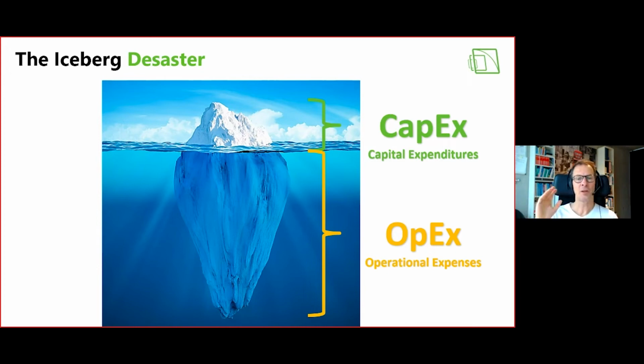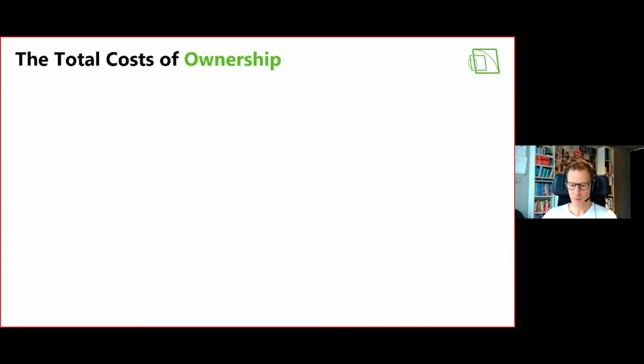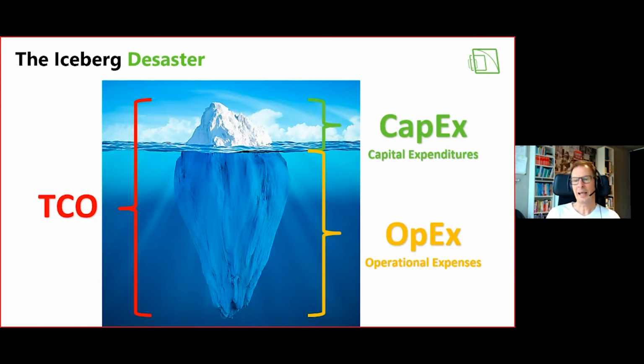But if we are talking about the whole life cycle costs, or the total cost of ownership, then we need to talk about the CapEx and the OPEX. So the whole iceberg. And that's what I very often see, even in smaller systems.